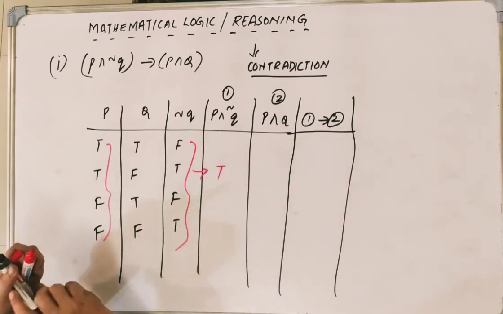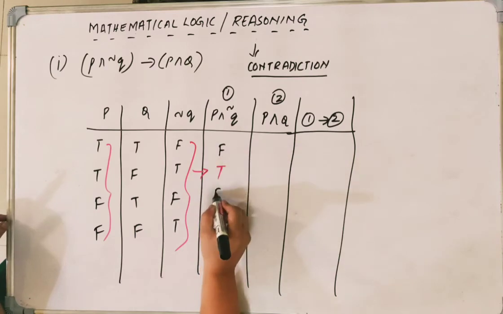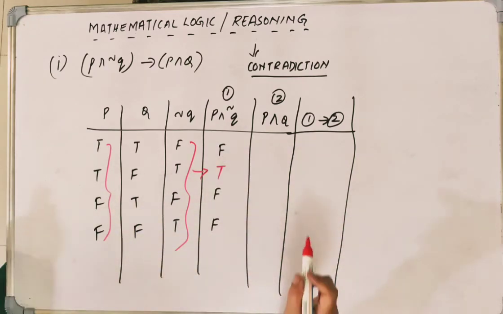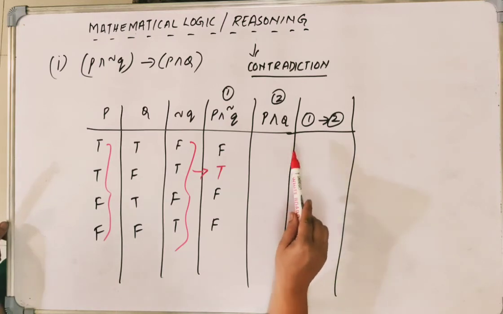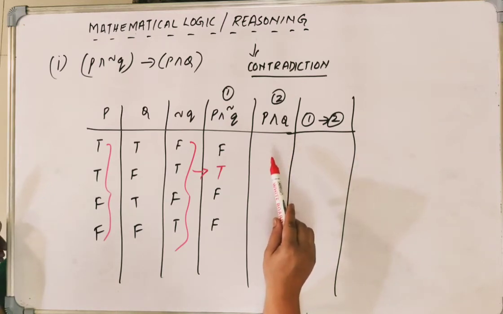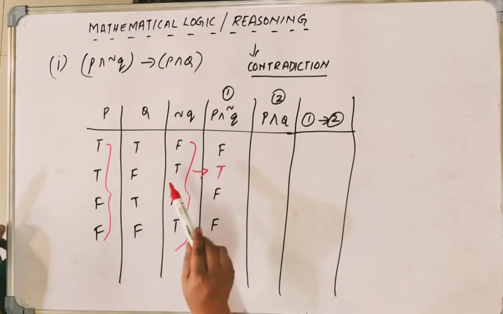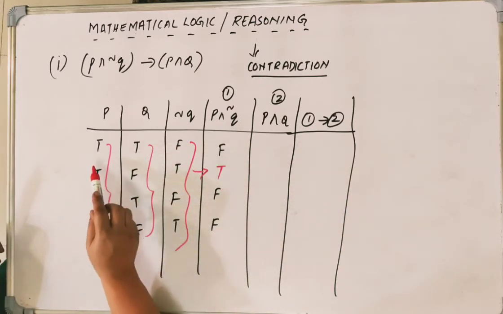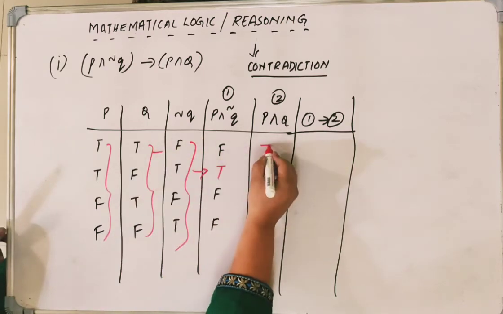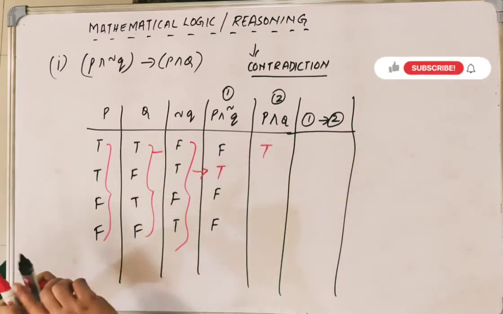So everything else is going to be false. Now we'll go to the second column, which is P and Q. Again, for P and Q both should be true for the final value to be true. So this one is going to be true. Everything else is going to be false.